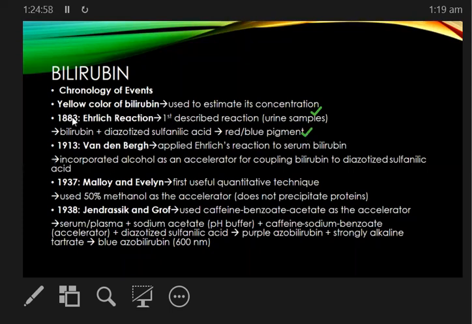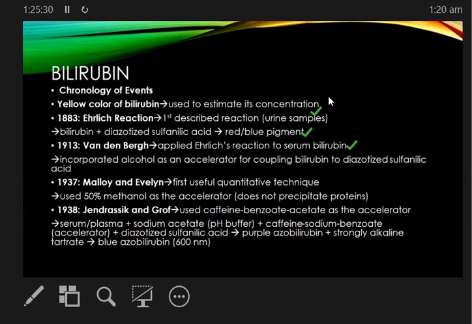After several years, it was Van den Bergh who first applied the Ehrlich reaction, this time using serum as the sample. They were able to discover that bilirubin can exist in two forms: conjugated and unconjugated bilirubin.